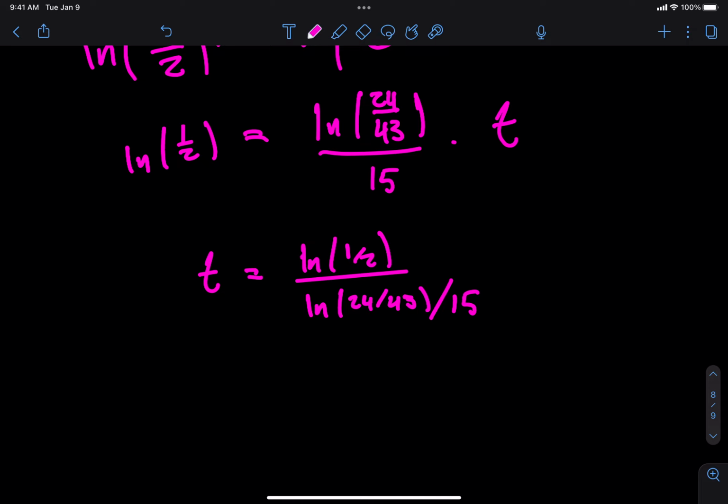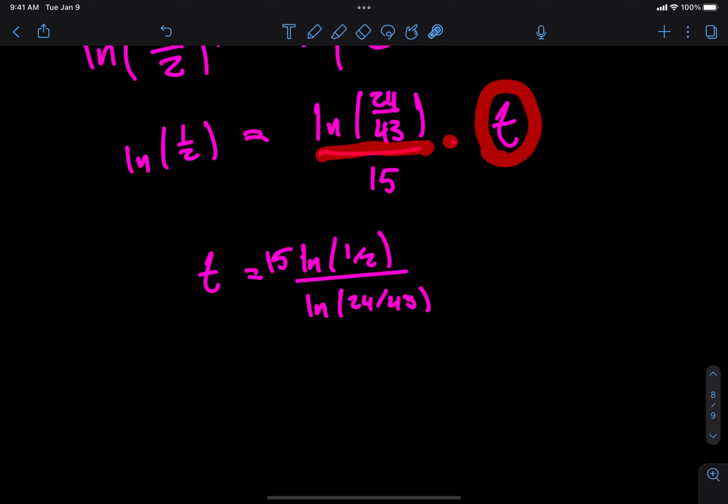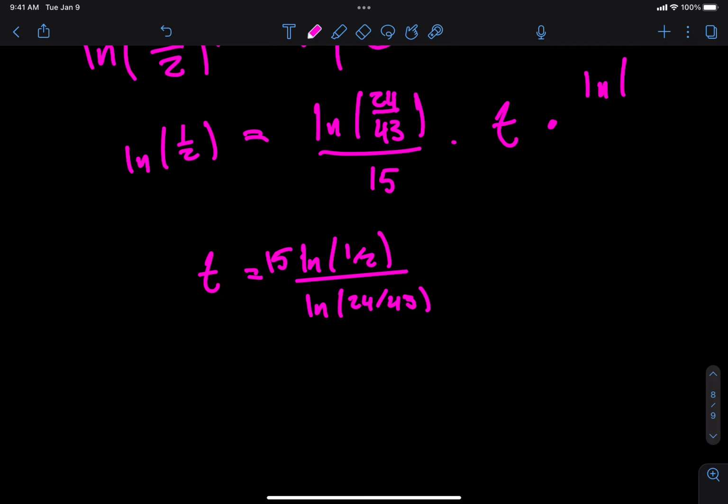Can you go over how you got from the ln 1/2, the one on top, to the bottom? How I went from here to here? Yeah. Okay, so right now the thing that I want is being multiplied by a fraction. The way I'm going to cancel that is by multiplying both sides on the top by 15, and then multiply the bottom by ln of 24 over 43.